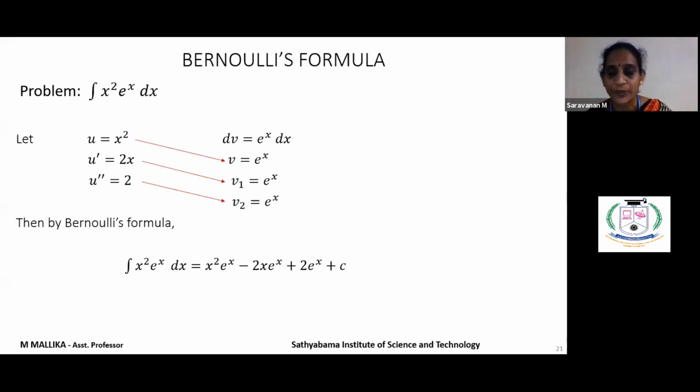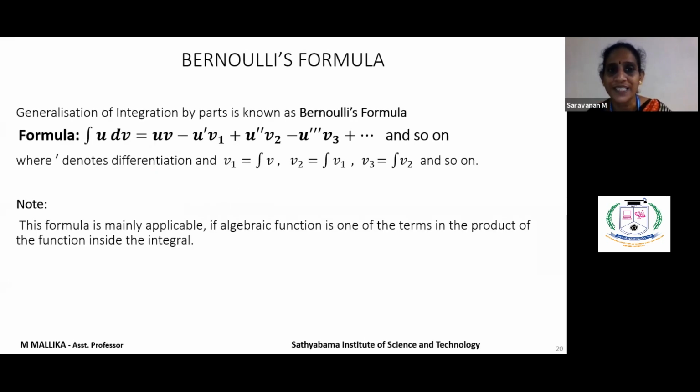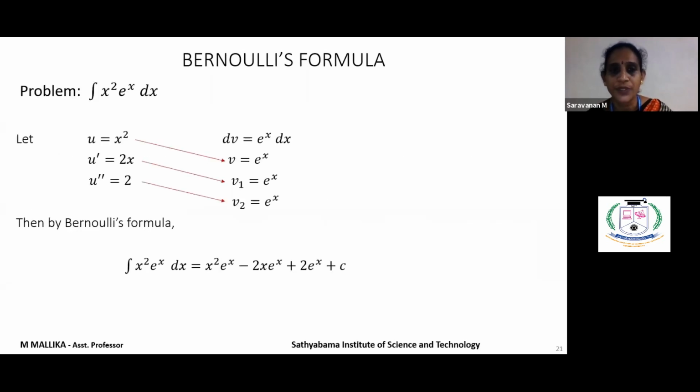So as per the formula, what are all the things that I have to calculate? I have to calculate u dash, u double dash, u triple dash. Then I have to calculate v1, v2, v3 and so on. So what I'm doing here is, in the left hand side, immediately after writing u, I am finding all the derivatives of u until I get a non-zero constant. So you find that u dash is 2x, u double dash is 2.